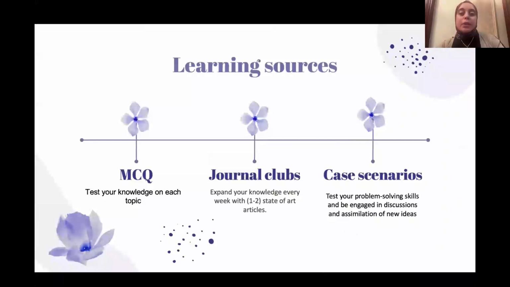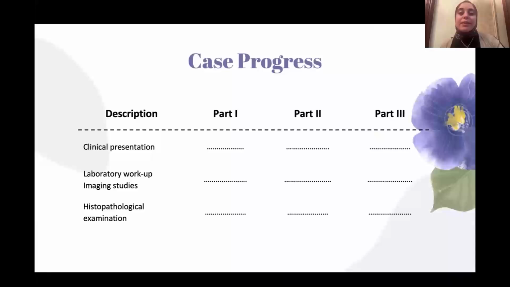You can find learning sources with MCQs that test your knowledge on each topic, journal clubs which expand your knowledge every week with one or two state-of-the-art articles, and case scenarios, which are a good opportunity to test your problem-solving skills and be engaged in discussions and assimilation of new ideas. Besides all of this, the case scenarios will give you a good opportunity to go through further complicated steps, knowing about clinical presentations, the laboratory workup, histological examinations, and others.